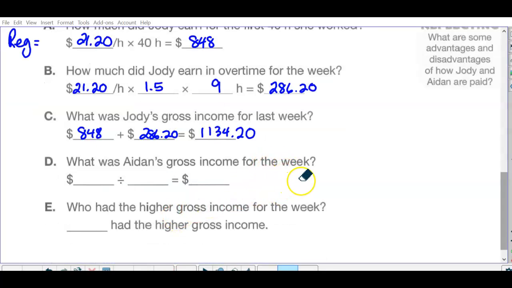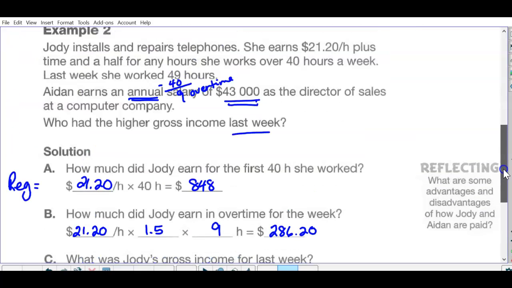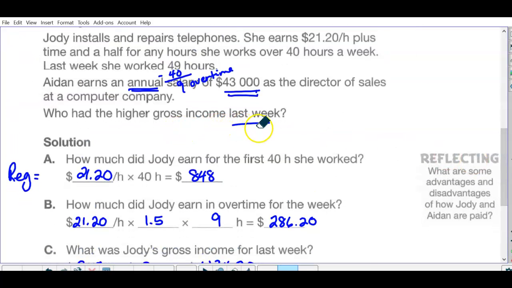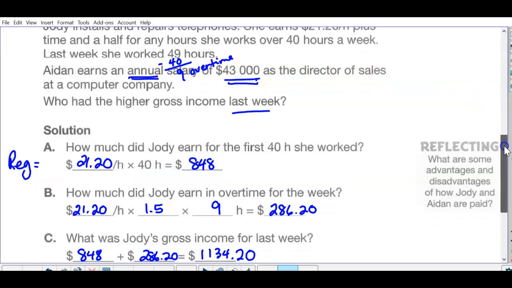We do have to do a calculation for Aiden's income because it was given as an annual amount, and this question asked for comparing their weekly income. If it didn't say last week, then I would probably just convert Jody's to an annual, and then you can compare. But we will go weekly.